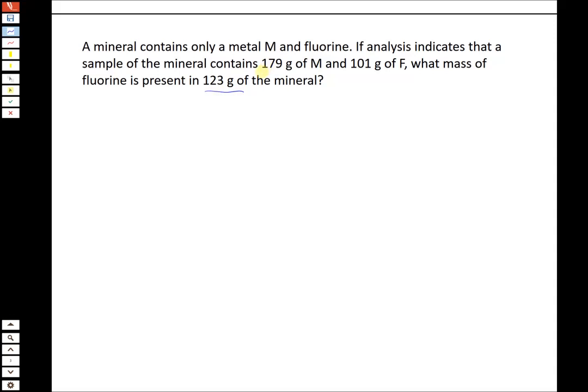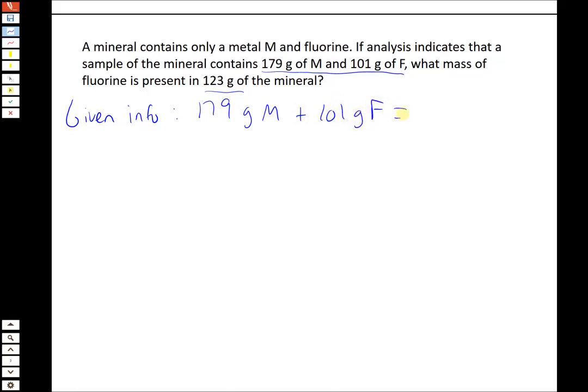Now what we should do is start with our given information and understand what that means. So in our given information, what we have is 179 grams of the metal combines with 101 grams of fluorine, and those two together, if we add them, would be 280 grams of the compound.